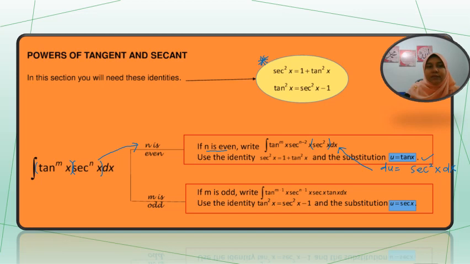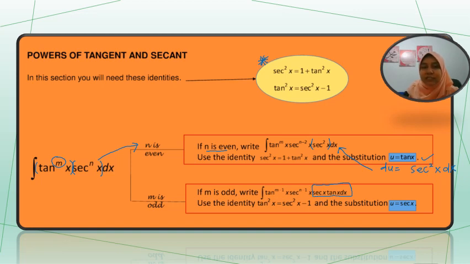Okay, if m is an odd number, the power of tangent x is an odd number. So we have to rewrite this original function so that the function will have secant x tangent x.